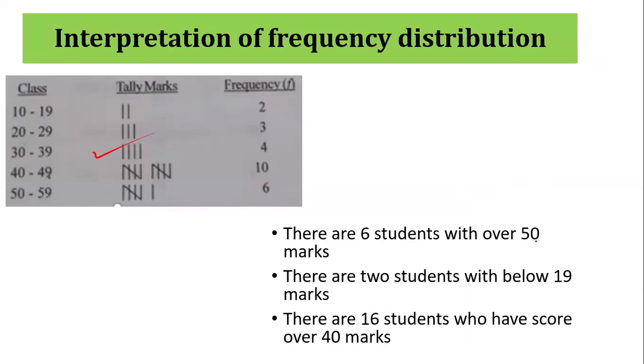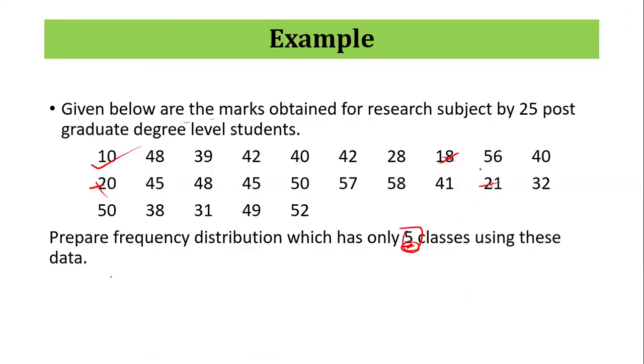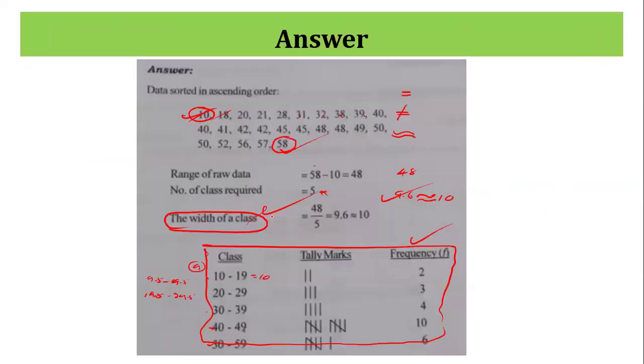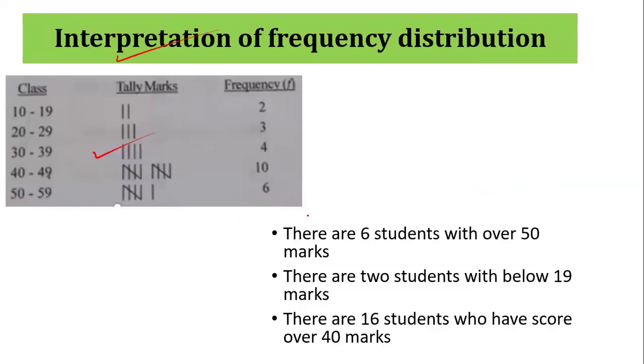This is the answer: there are 6 students with over 50 marks. That means we can interpret this data. These are raw data, and now we have prepared and organized the test scores. There are 6 students with over 50 marks, and 2 students with below 19 marks.